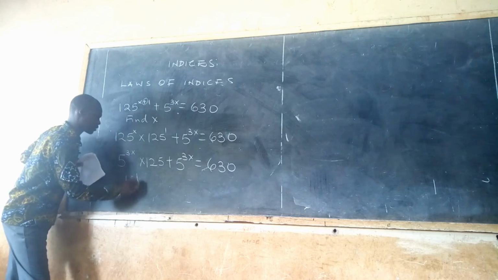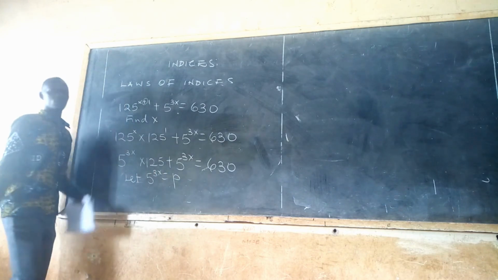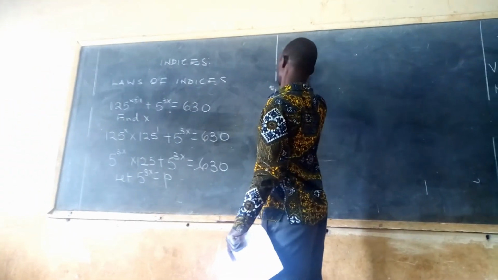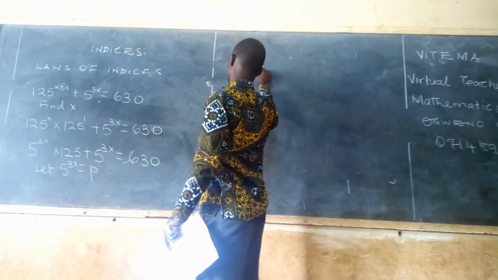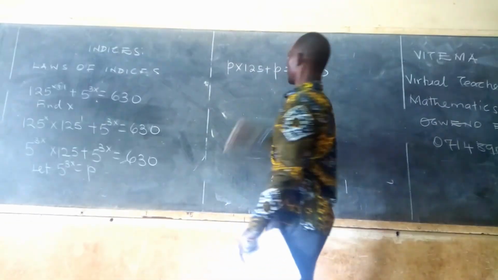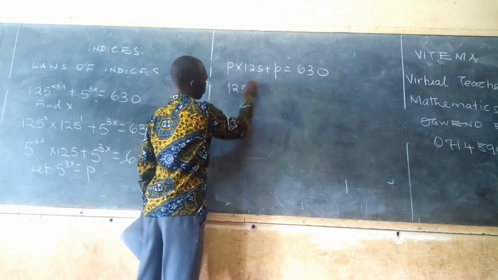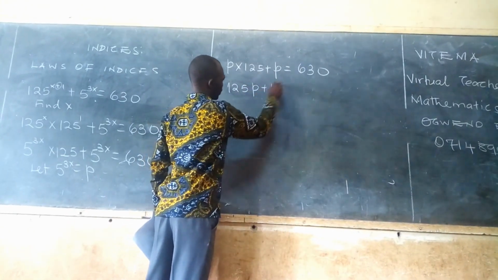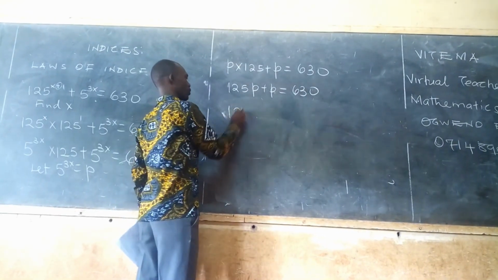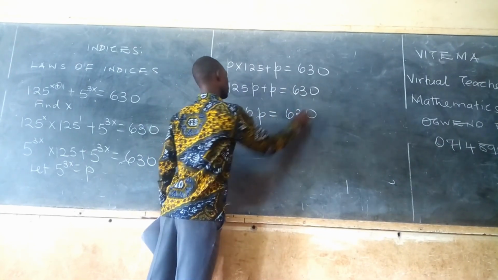I want to let my 5 to the power 3x be equal to p. What does that lead me to? I have my first p times 125 plus my second p to give me 630. So 125p plus another p gives a total of 126p to give me 630.